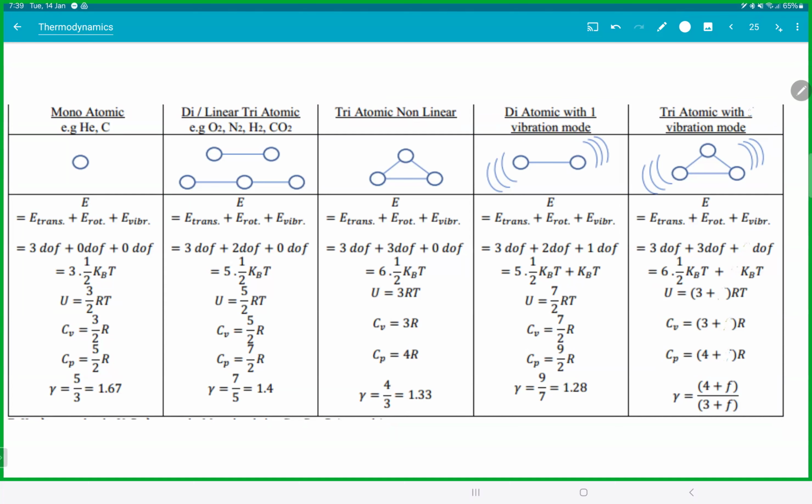Remember, when you say vibrational mode, think of a spring and block. You can have kinetic energy of the block and energy in the spring. So there are 2 degrees of freedom. So if you say triatomic with n vibrational modes, one vibrational mode has 2 vibrational degrees of freedom.